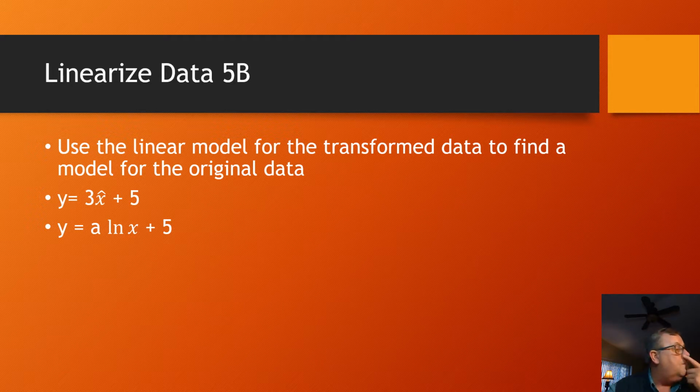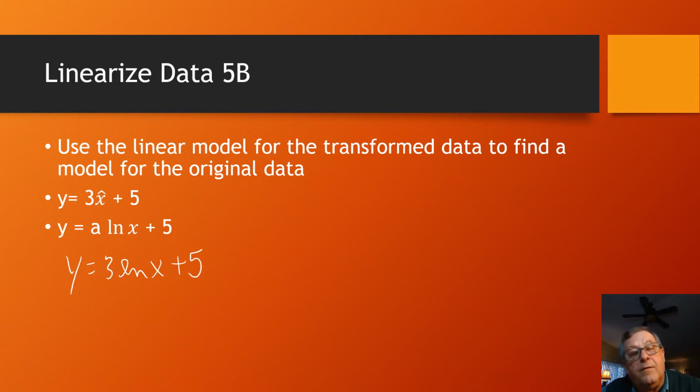Let's see. That actually should read, well, let's put that in logarithmic form first. So then we could say that we've got 3 times the ln of x plus 5.